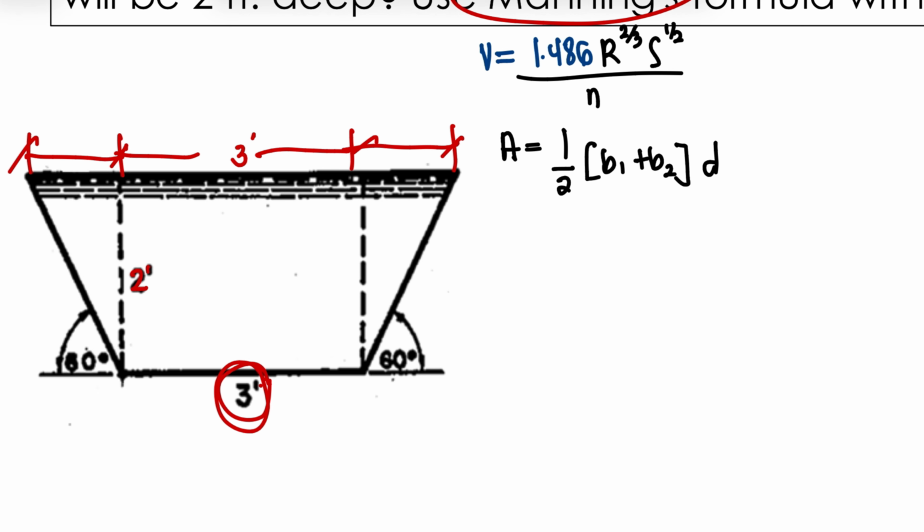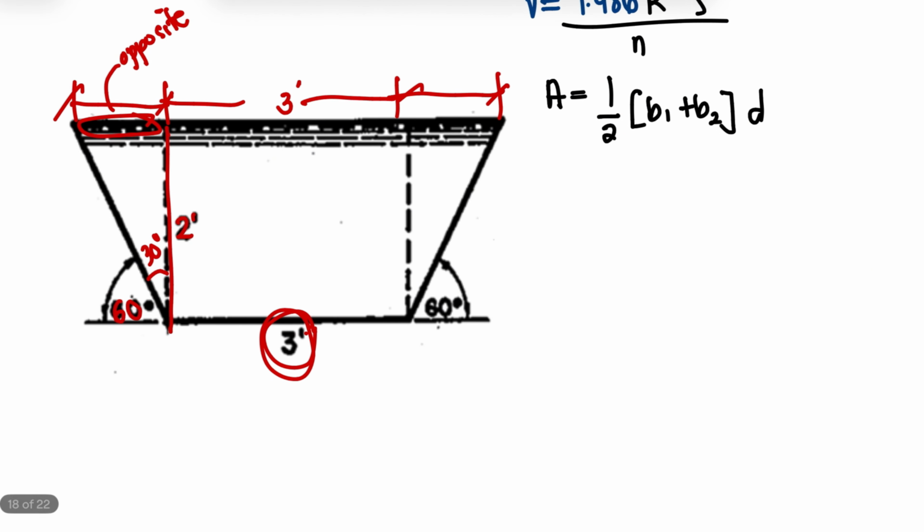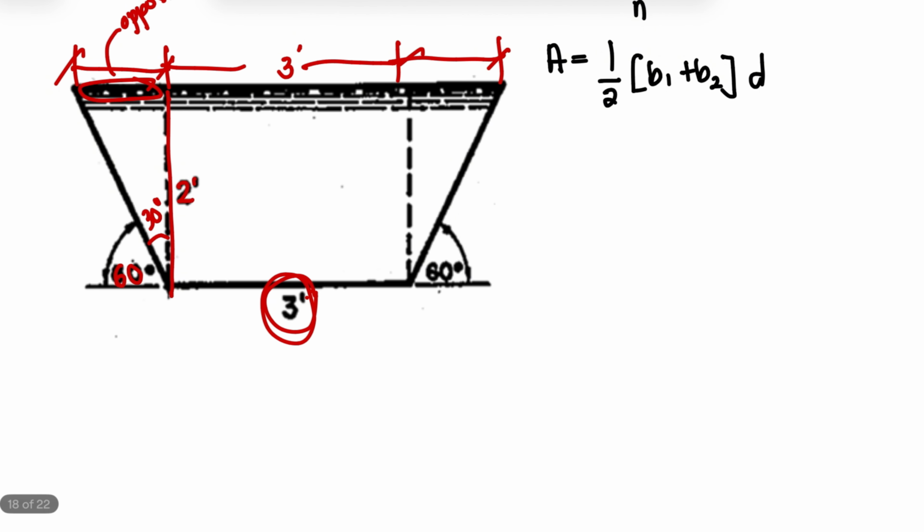So we have 2 feet here, and then this one is 60 degrees. So automatic, this one is 30 degrees. Okay, so for this one, we have this opposite side. And then this one is the adjacent side. Alright, so for this opposite side, you can use SOHCAHTOA.